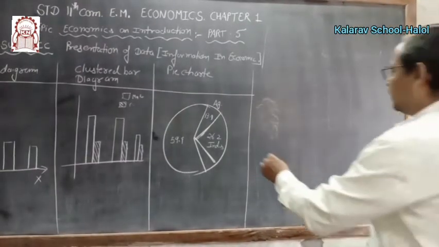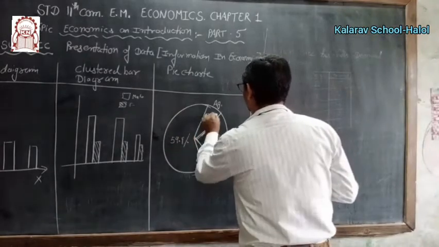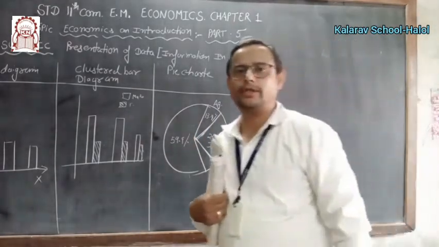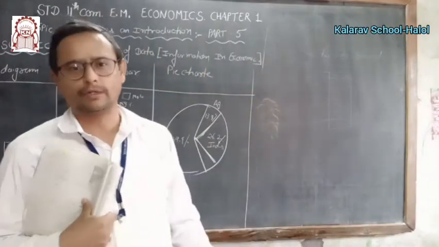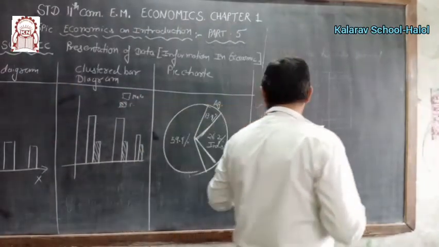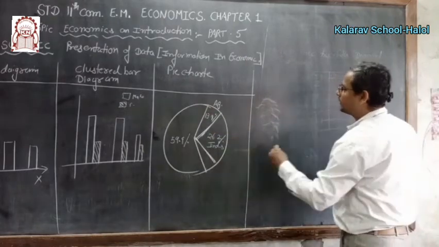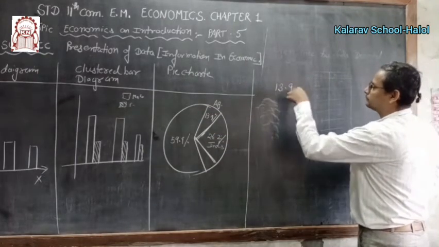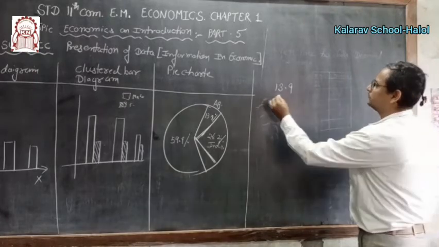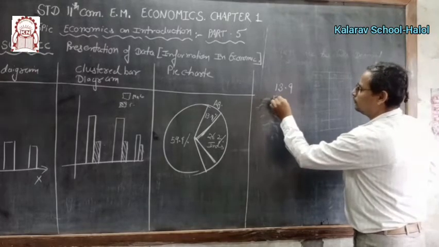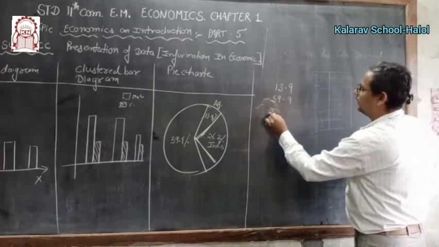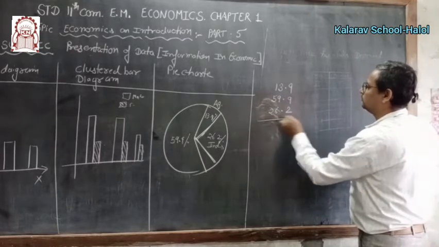Now, how to draw this angle? ये angle हम लोग कैसे बनाएंगे? Because whatever information is given, it is in percentage. So how to convert percentage into angle? Angular measure. So let's see it. इसको आप लोगों को एक बार समझना. Suppose 3 pieces of information are given: 13.9, 59.9 and 26.2.